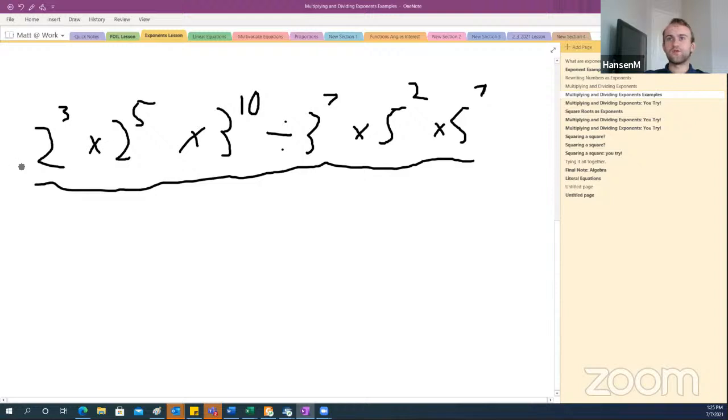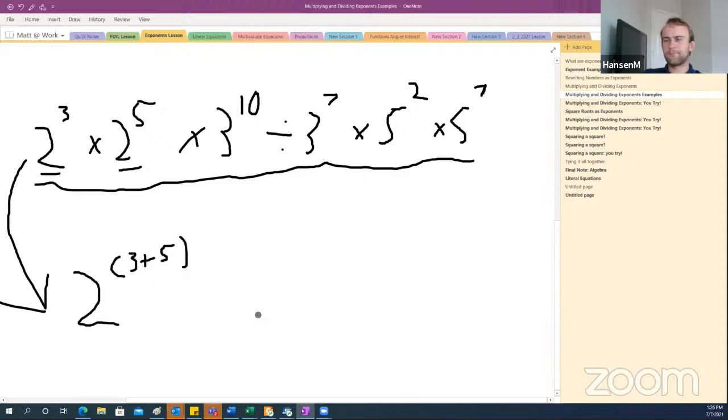So first what we're going to do is we're going to simplify. Since these base terms are the same and we're multiplying them against each other, we can just add the exponents. So this would be 2 to the 3 plus 5. Next, we're going to multiply this by 3 to a power divided by 3 to a different power.